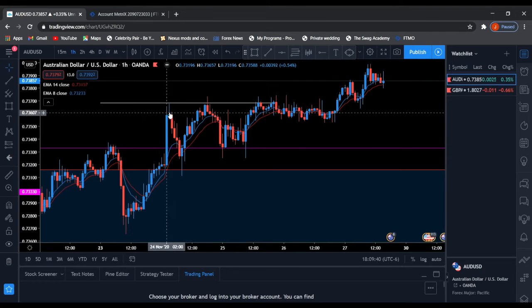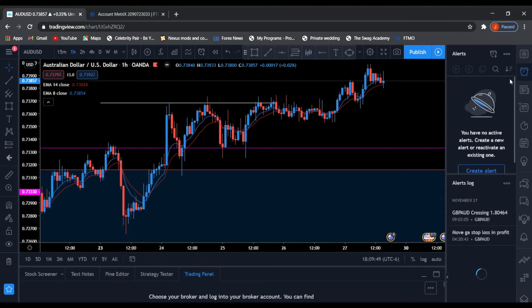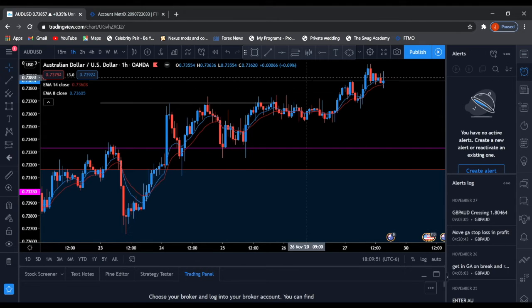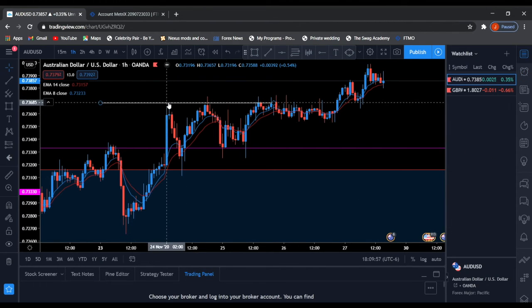So I drew a line at the last high point that it went, and once price broke it, I put an alert. And remember, you set alerts. You can come over here, set an alert, or you can press this button right here to set an alert. So I set an alert right here to let me know when price breaks this level.